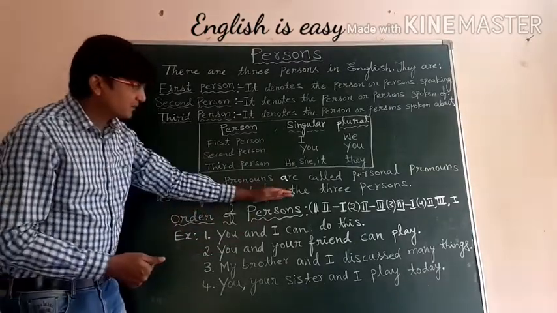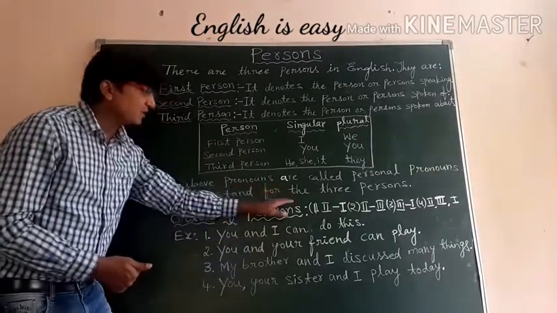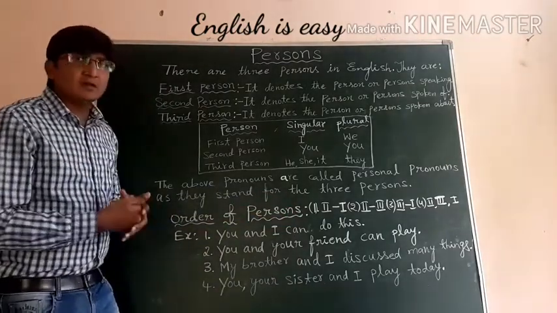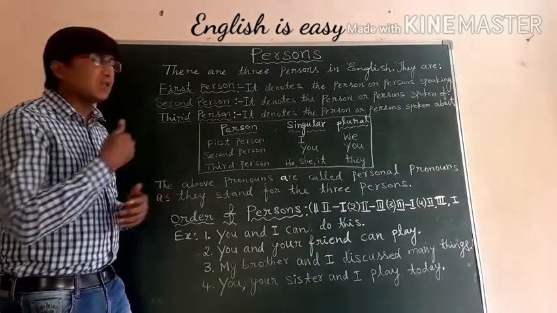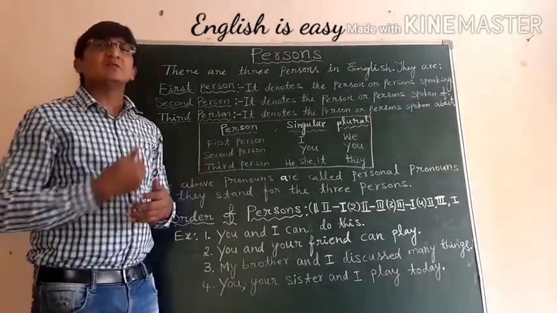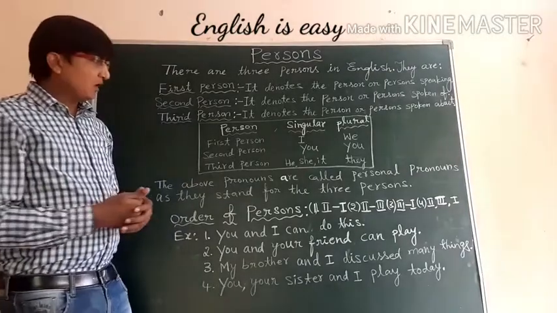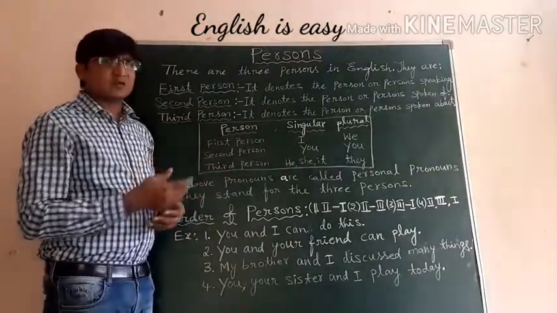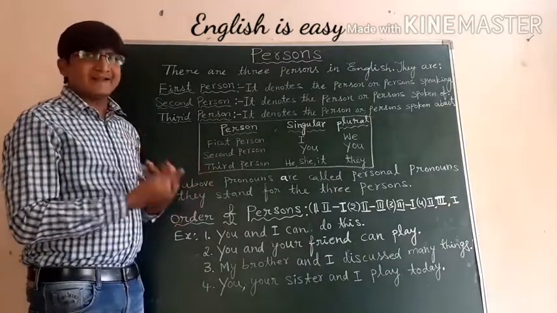So in this way, we have to learn and use these persons. The order of persons is very important. My friends, not only learning, we have to use them in our sentences. Usage is very important. If we do not use what we learn in our conversations or sentences, we cannot understand anything.